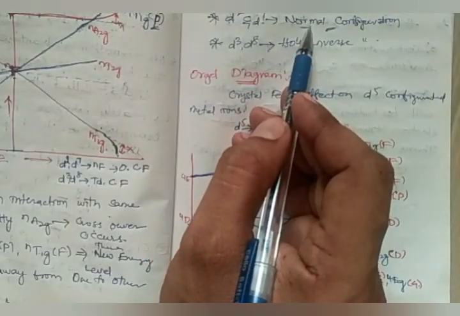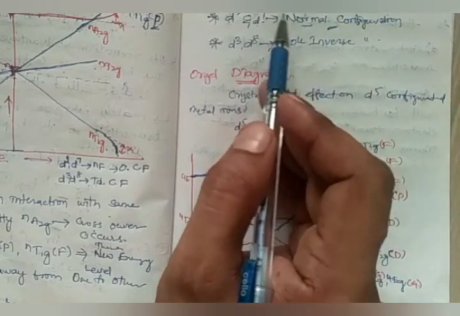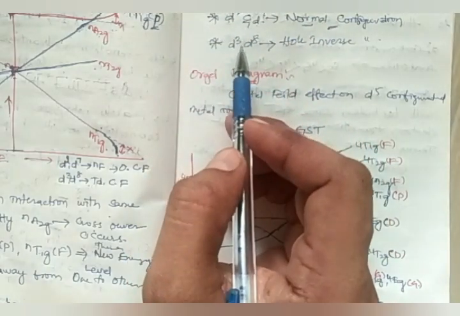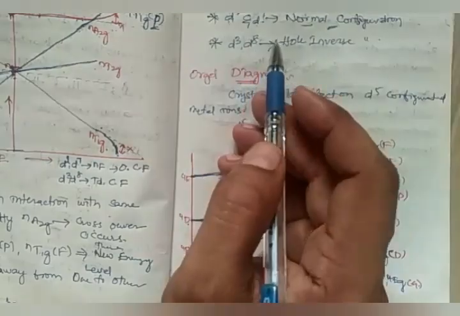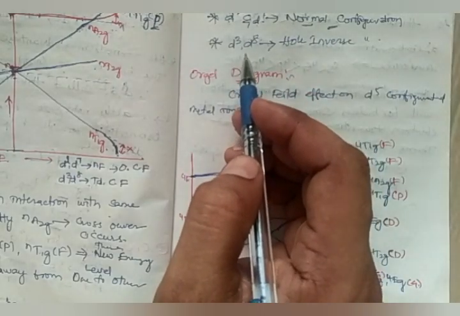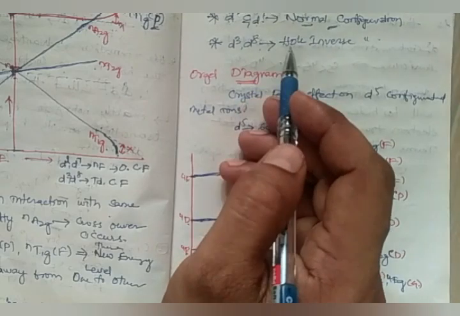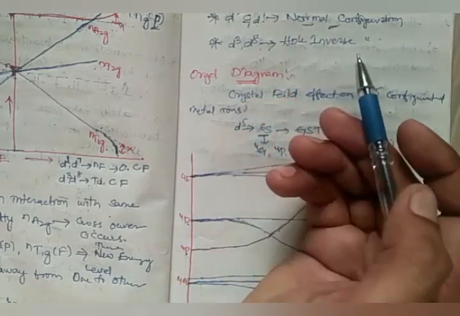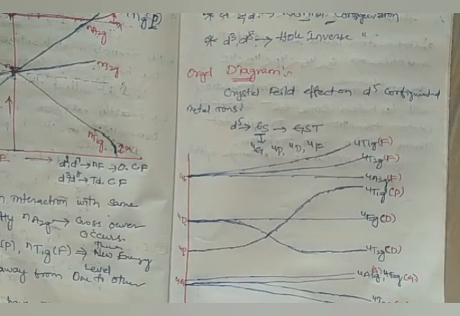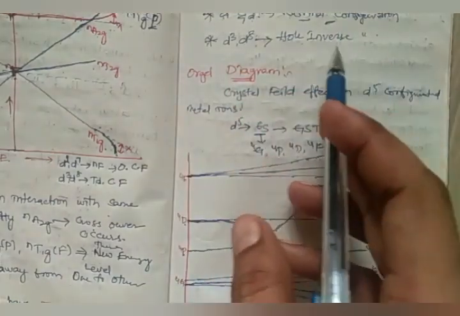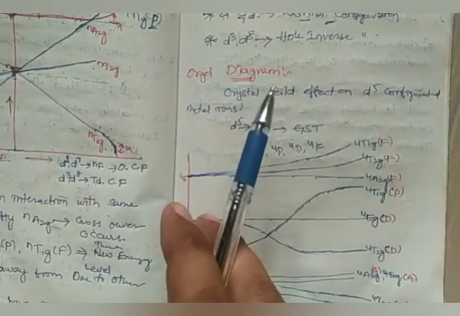So they are called normal configurations. D3 and D8 configurations have the reverse splitting pattern, so D3 and D8 will be called inverse configurations.